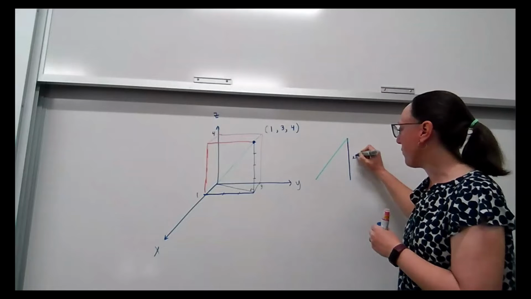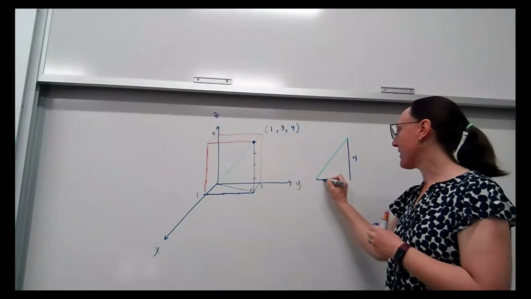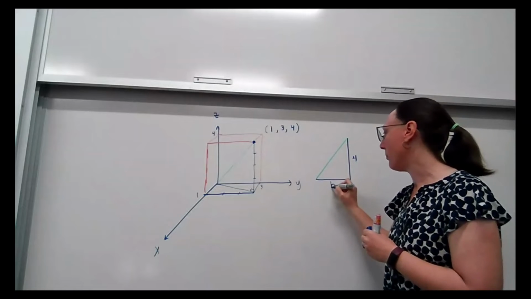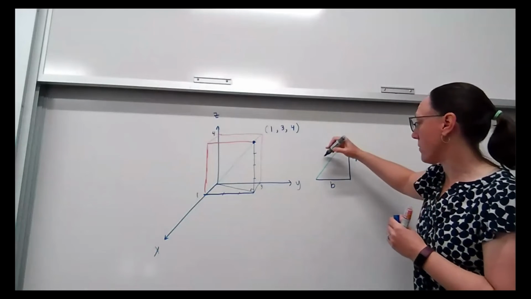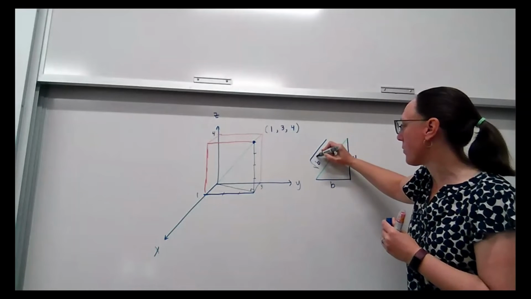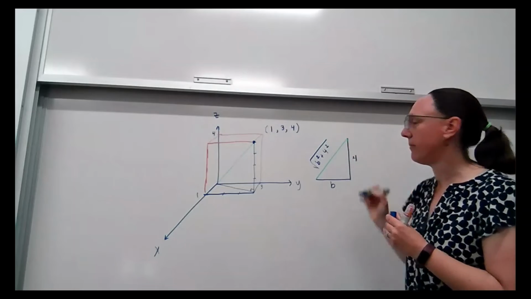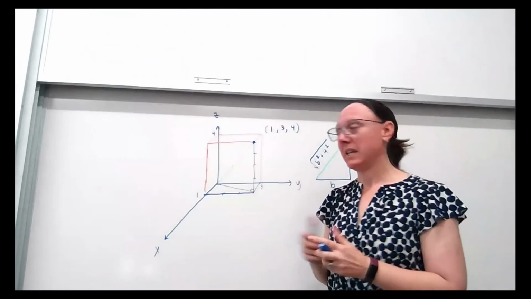This side is 4 because it corresponds to that. And this side I'm just going to call B. So that hypotenuse would look like the square root of B squared plus 4 squared. But now I've got to go figure out what that B is.